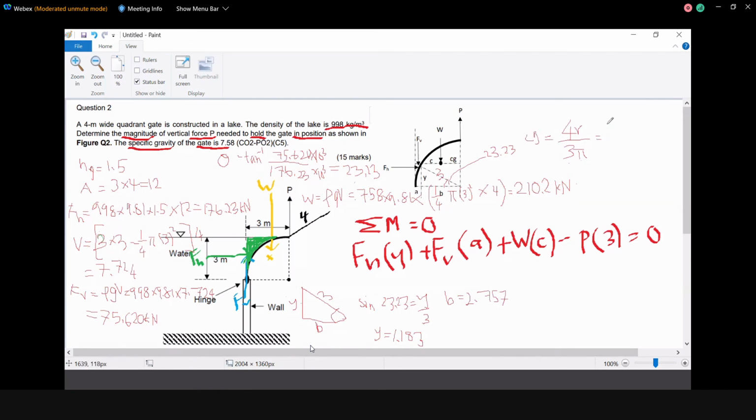Okay, so kita darab lah 4 darab R 3 bahagi 3 pi. Dapat apa? Darab 3. 12 pi. 12.57. Okay, ni untuk CG ni.